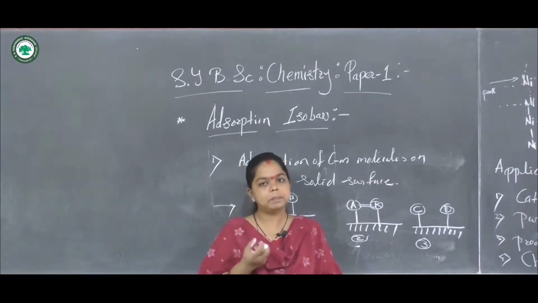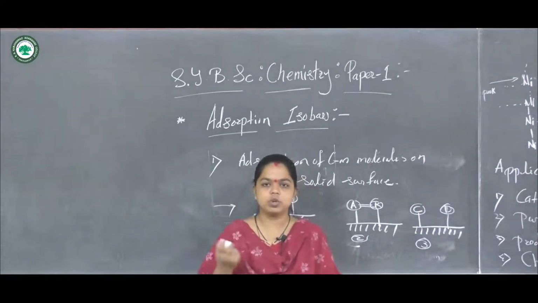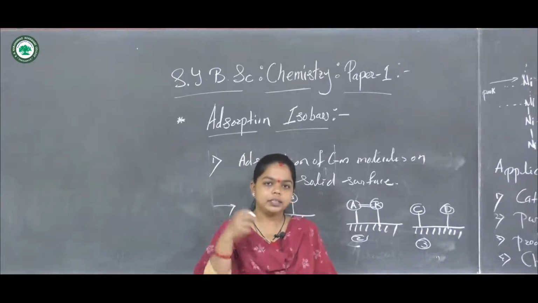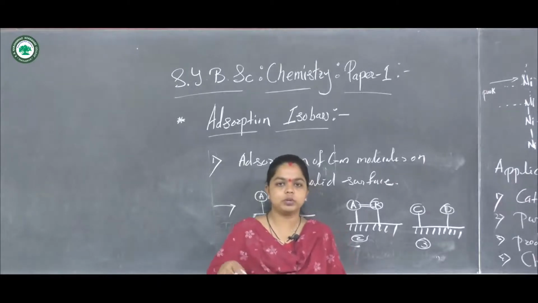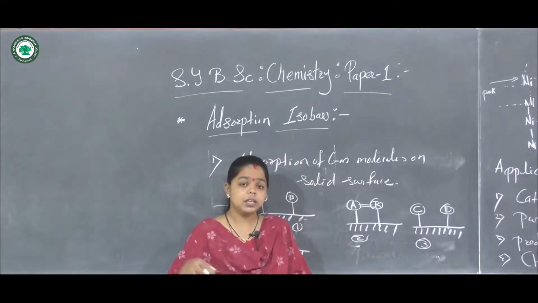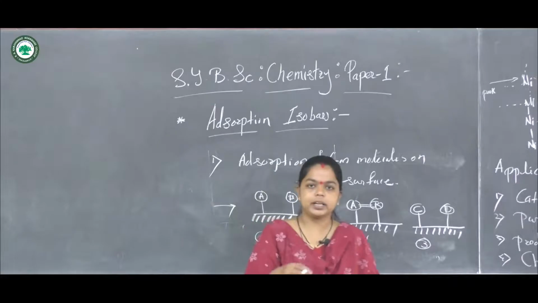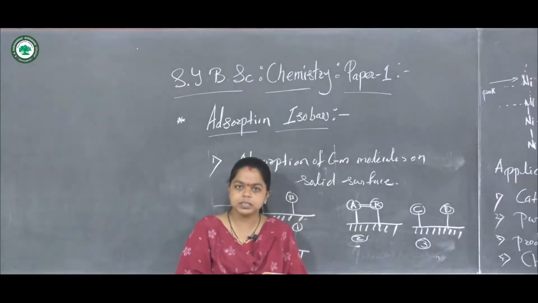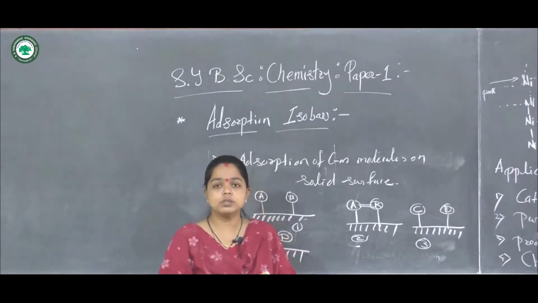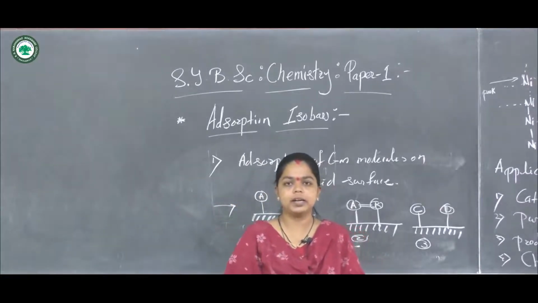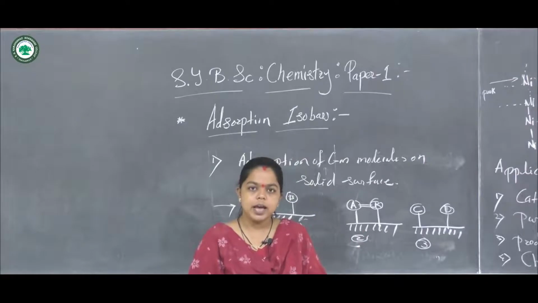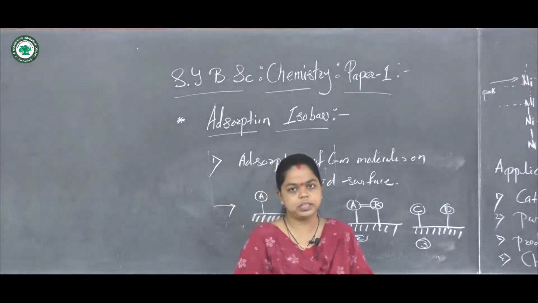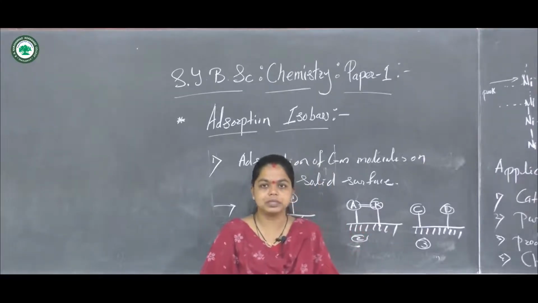So by using pressure, we can remove all the gas molecules, the air present in the corresponding container, and the remaining small trace amount of gases, if they are present, if we apply a particular reactive surface area or use a particular adsorbent material there, then these gas molecules will get easily adsorbed, get attached on the surface area, and high vacuum is created. So this high vacuum can be created by this adsorption method.